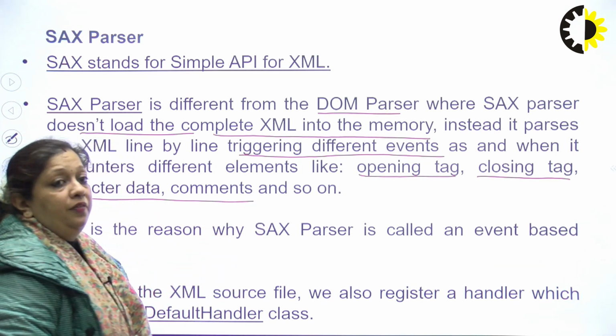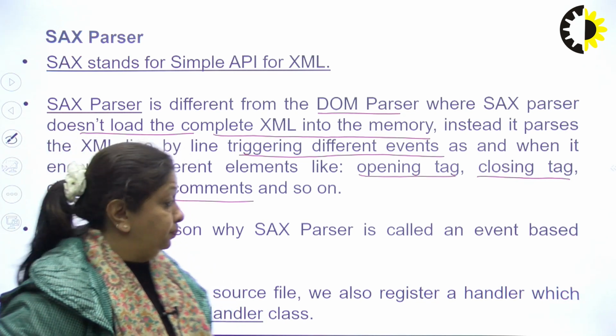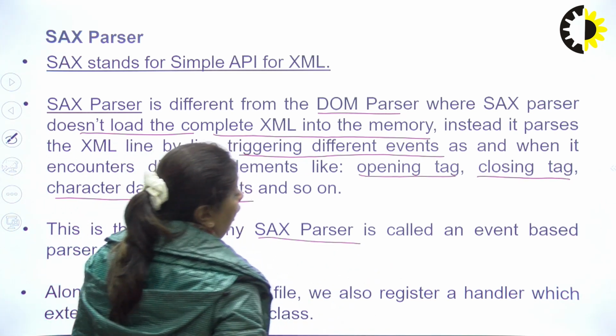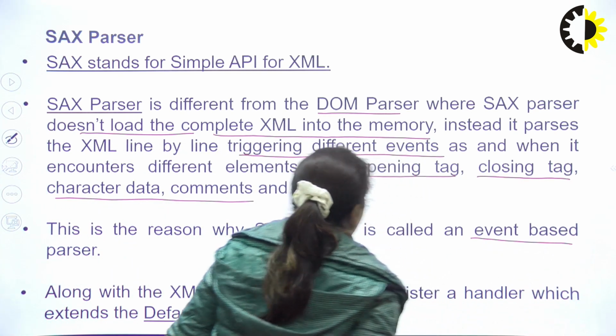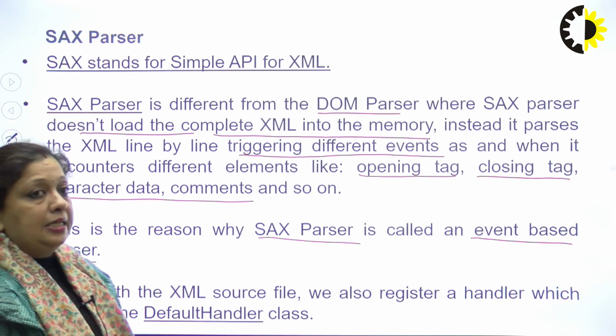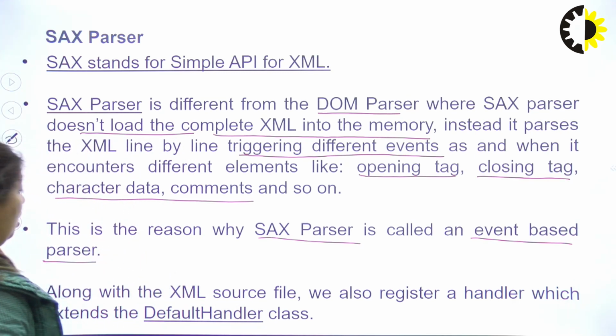So these are the events through which a SAX parser can be triggered, and this is the major reason why we call a SAX parser an event based parser, because it is based upon triggering of events, and it doesn't load the entire XML document into the memory.